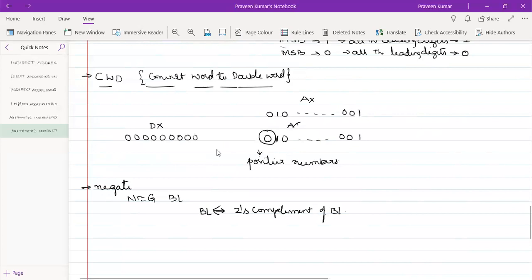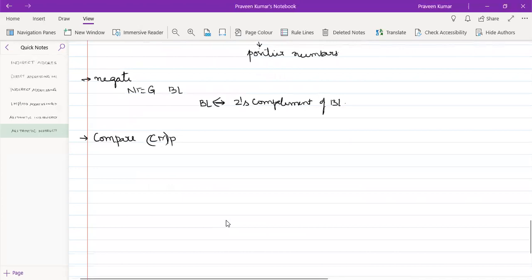Okay. The next instruction is compare, CMP. What does CMP do for us? If I want to compare two values, say a number like 16 and a number 17, a comparison means the easiest method is subtracting the two values.